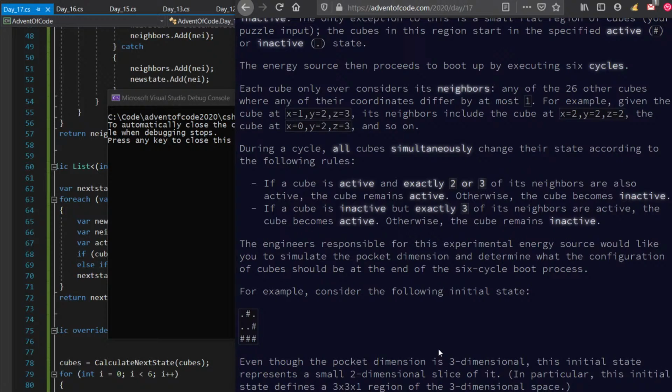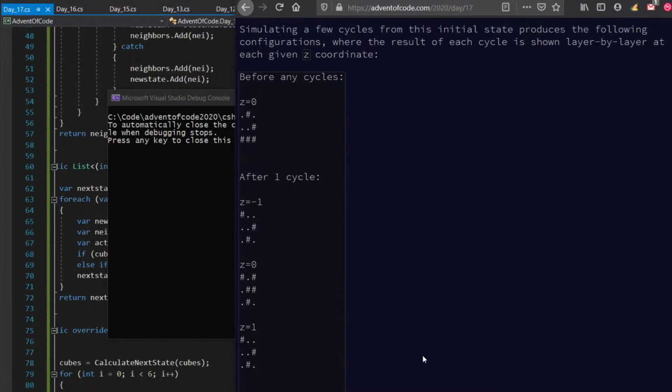And these rules don't make sense. I mean, the rules make sense, but the results that they're showing me don't.